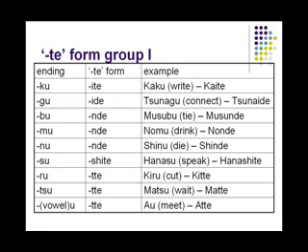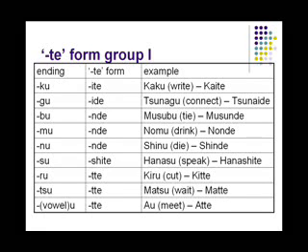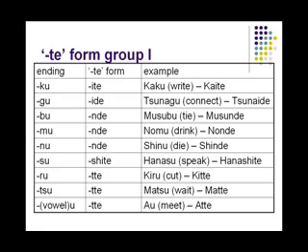In the case of this ru ending in group 1, as in the 7th row here, we have the itte form, which is spelled with a double T as a substitute as against the te form, which had a single T. So the verb ending is the same, but the te form conversion has a slight difference in spelling between group 1 and group 2.